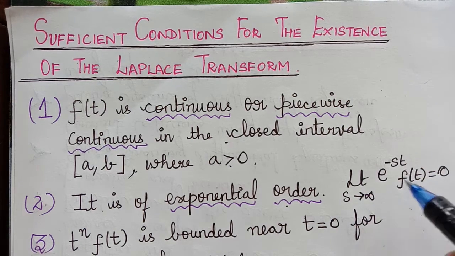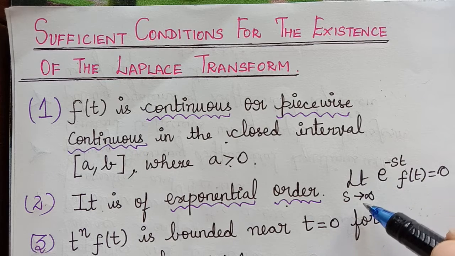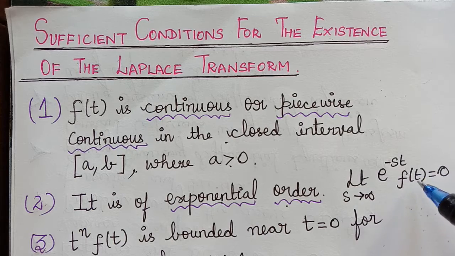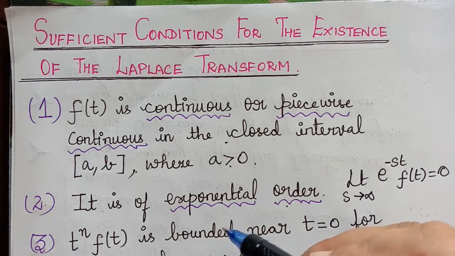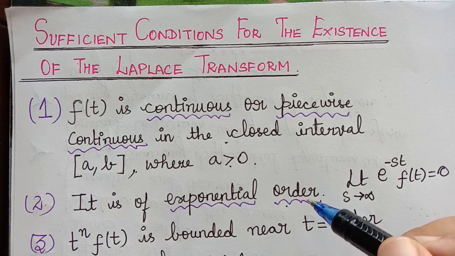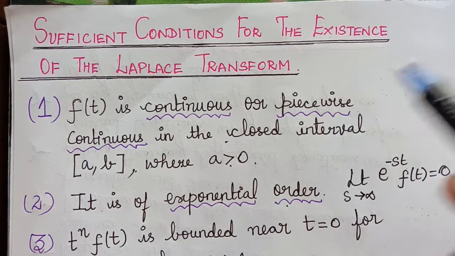So you just remember, if this limit is equal to 0, we say that the function f of t is of exponential order. And this is one of the sufficient conditions for the existence of Laplace transform.